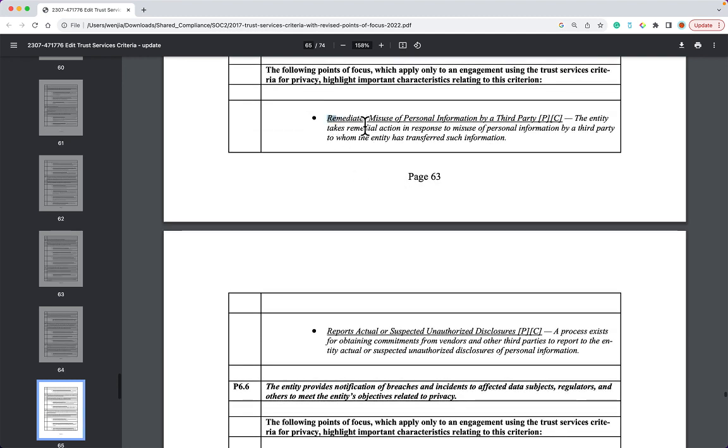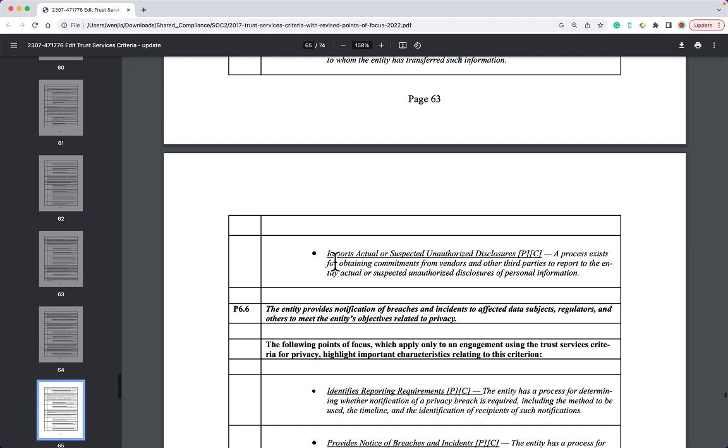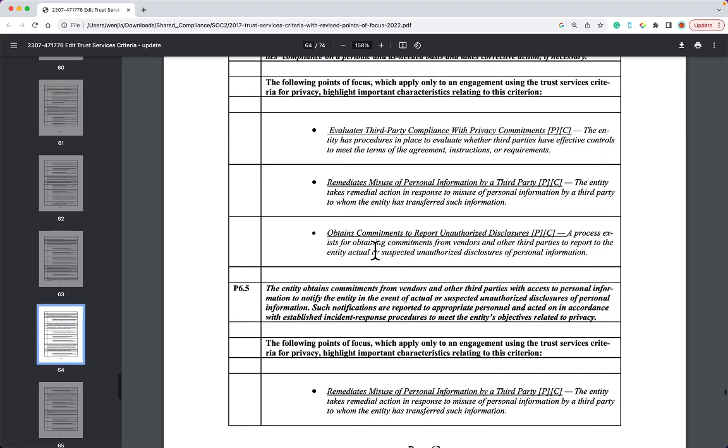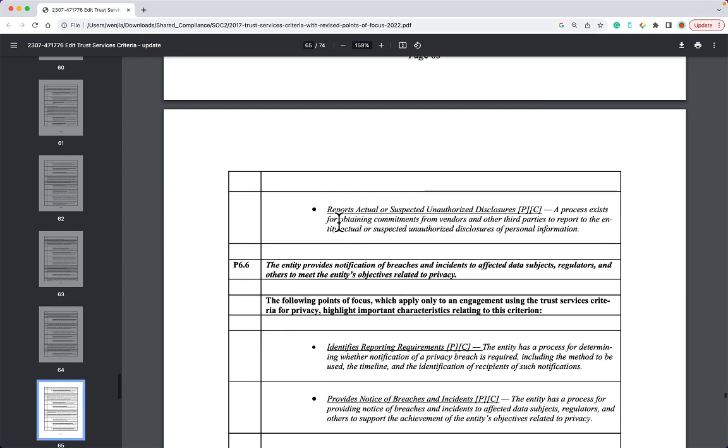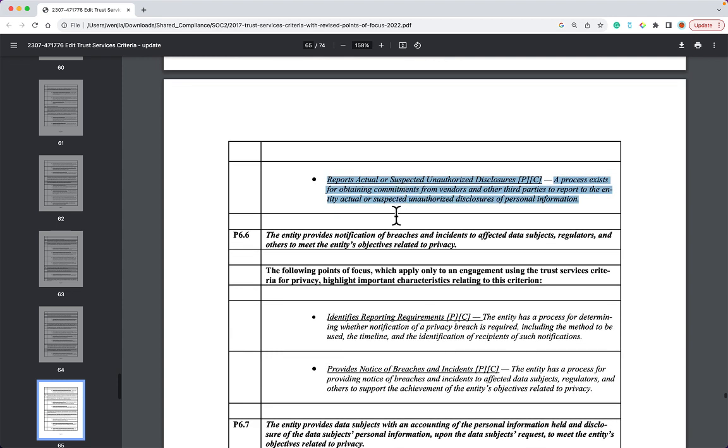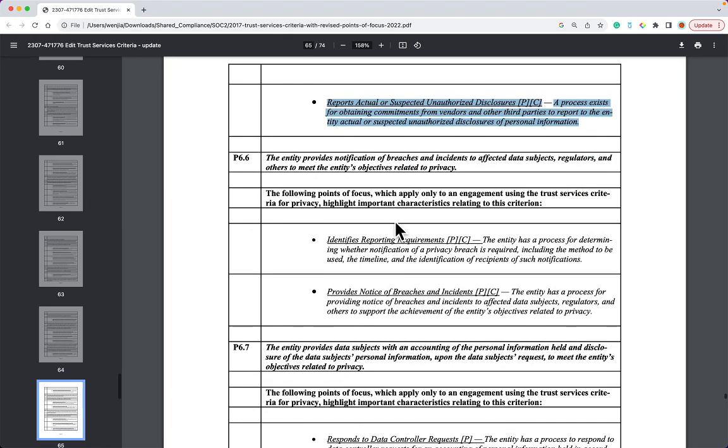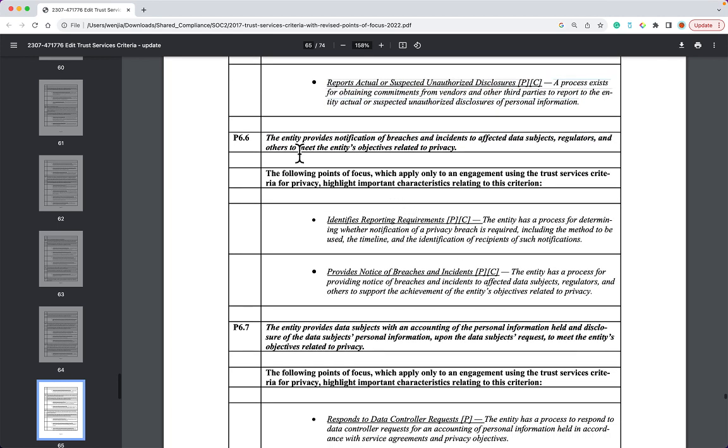So you need to remediate misuse, and you need to report this. Since you have the commitment from the third party, you need to report this, and who are you reporting to? You are reporting maybe internally, or maybe there is some regulation that requires you to tell your data subjects.